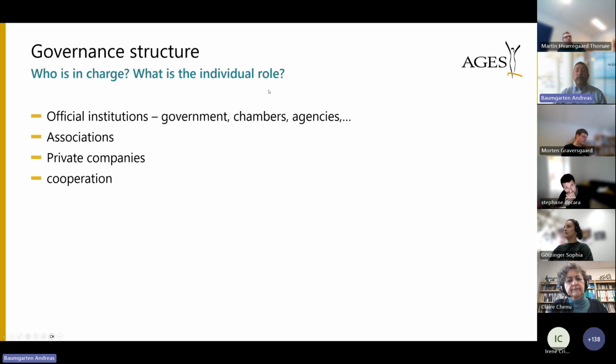And then finally, the idea of the governance. So who is in charge and what is the individual role of the individual institution? As there probably will be some regulation coming up from the EU, there will be an increasing role of official institutions, wherever they are situated, whether they are in the government, in the ministries, or in chambers, or in agencies that are owned by the state, like, for example, my own agency.